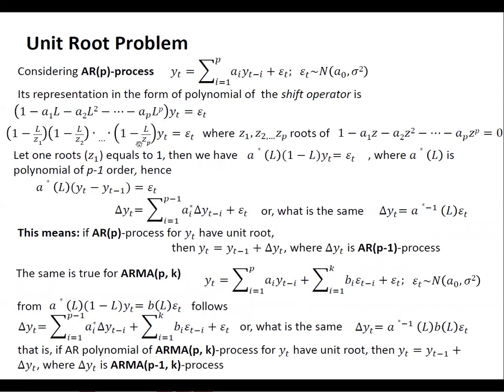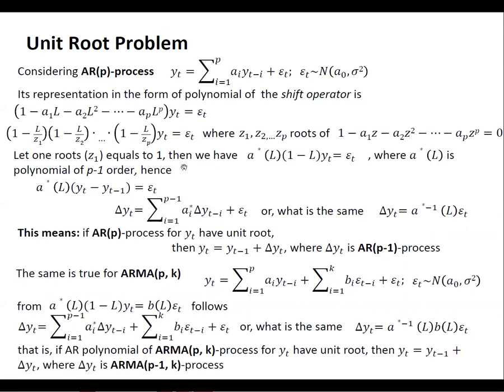Having solved the resulting characteristic equation, we expand these polynomials into factors. And let one of the roots, z1, z2, ..., zp, of the characteristic equation be equal to 1.